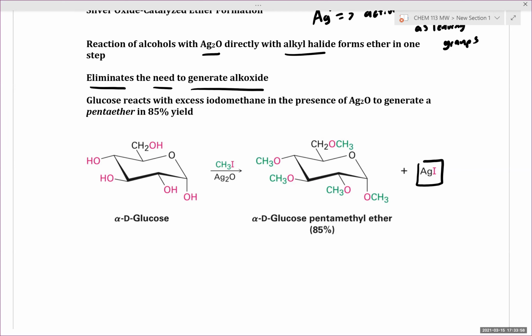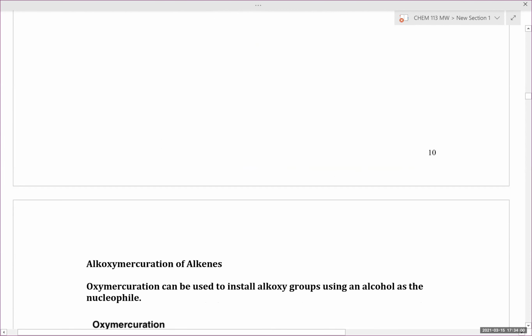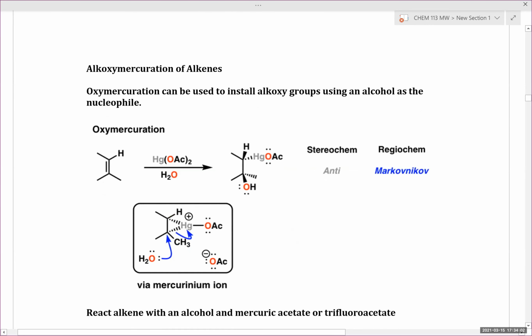Okay, so let's keep going now and let's talk about other methods to generate ethers, one of which is alkoxymercuration of alkenes.